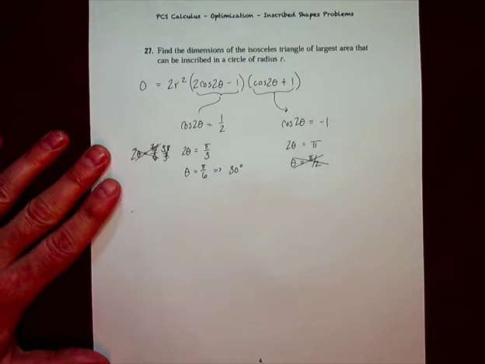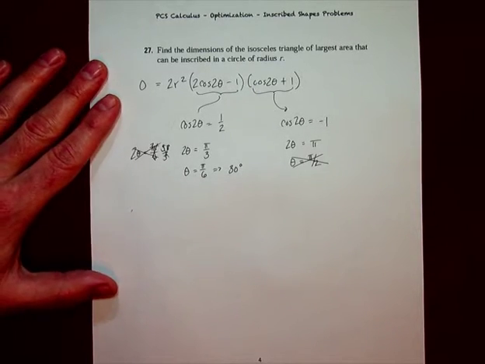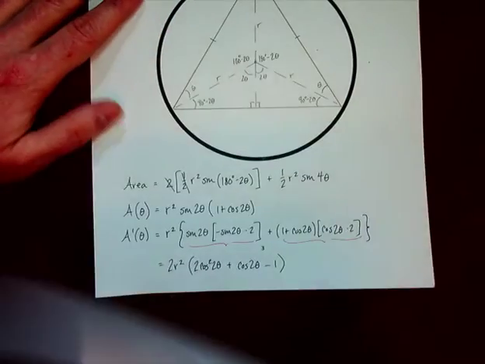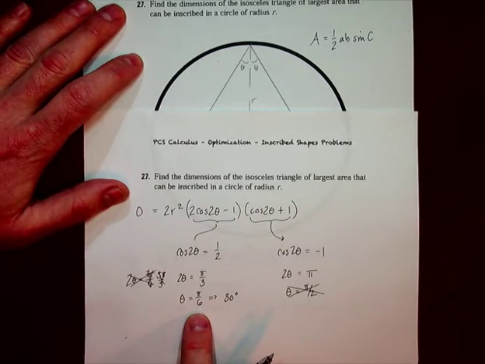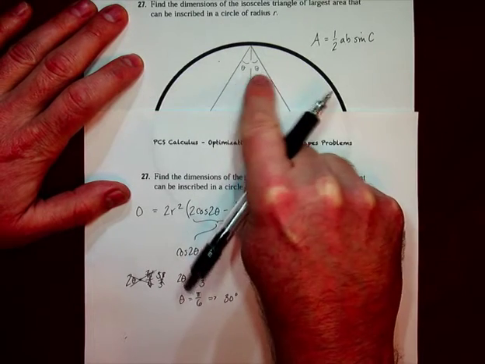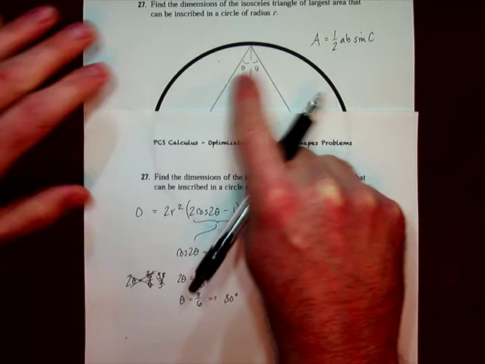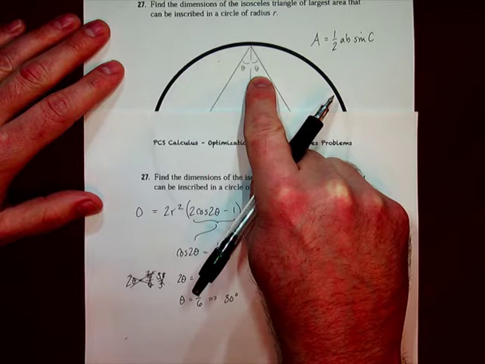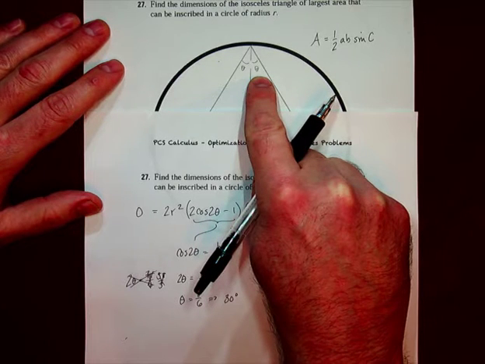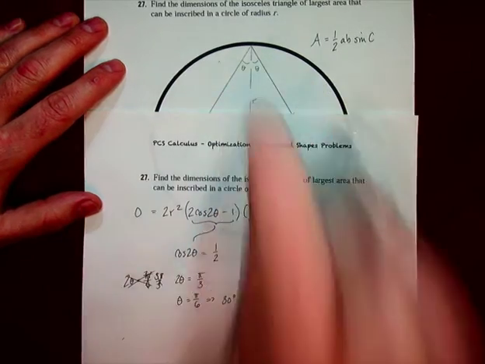That means, if you go back to the original, that if theta is equal to pi over 6, or 30 degrees, then this angle up here is 60 degrees. If that's 60 degrees, this is an equilateral triangle. The isosceles triangle is, more specifically, an equilateral triangle.